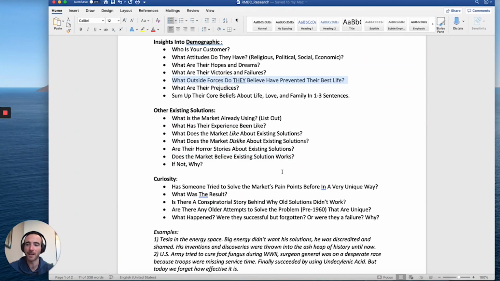Like, well, I don't make enough money. I don't have a job because I don't have a college degree. I'm a bad saver. I'm bad with money. I have bad credit, right? All of these things may influence them and make them think that existing solutions don't work. And if that's the case, and they don't believe that existing solutions work, then we want to answer that question: why? Why don't they believe it?